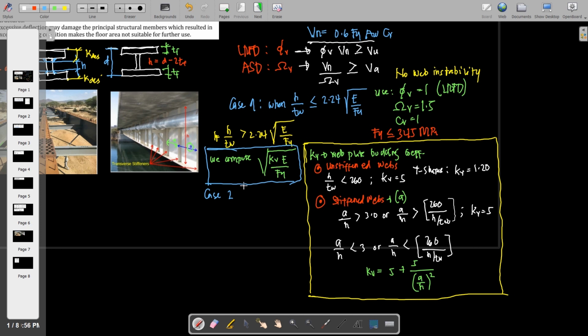Now, there are several subcases here. We have a case of no web instability, same as in case number 1.